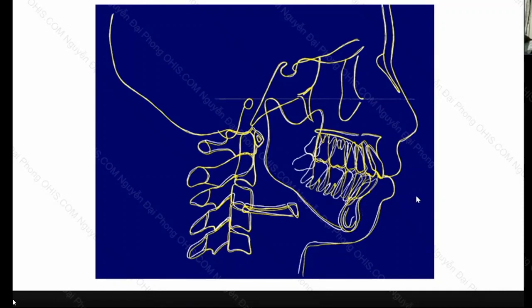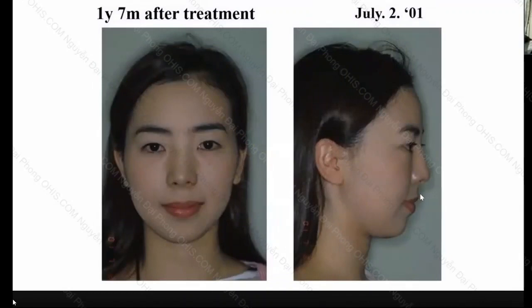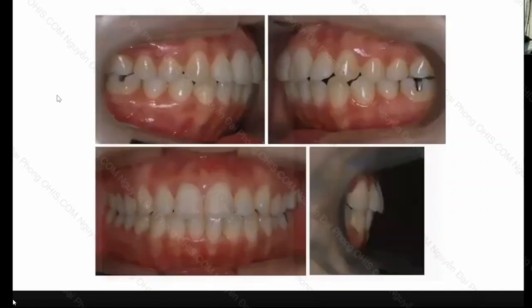Yeah, this is nearly 1.5 years after treatment. The bite is reasonably maintained.